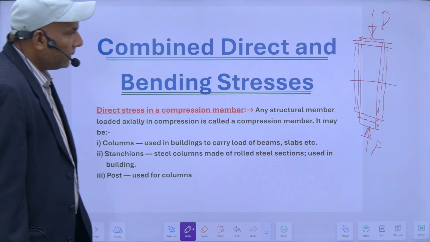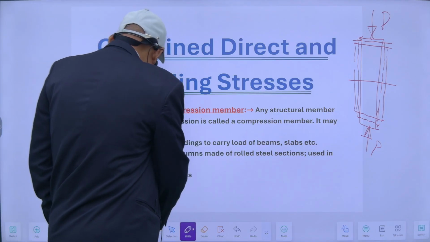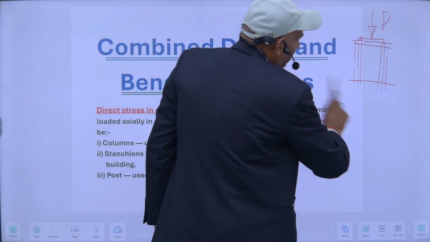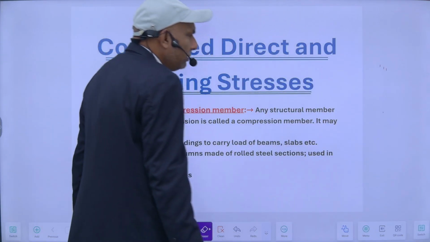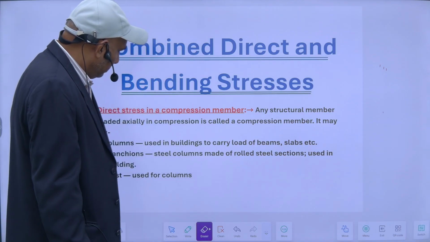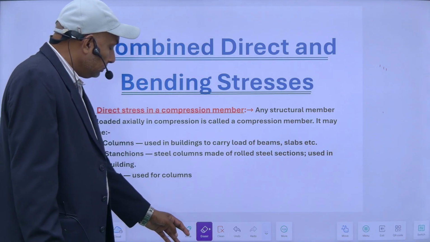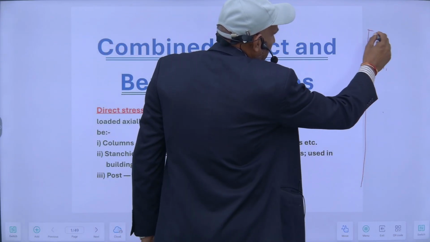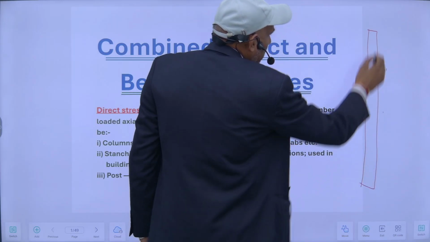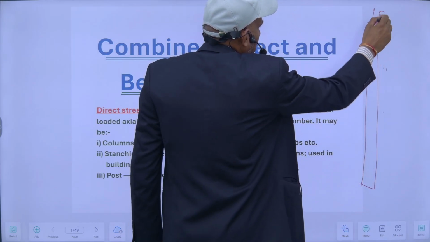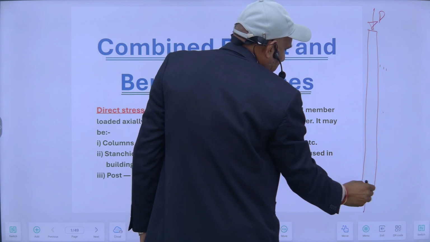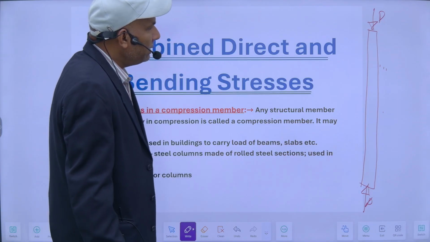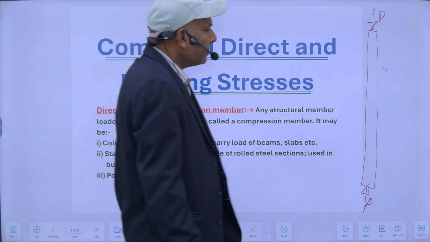What happens when this is a short column? When we have a long column like this, what happens during this compressive load?